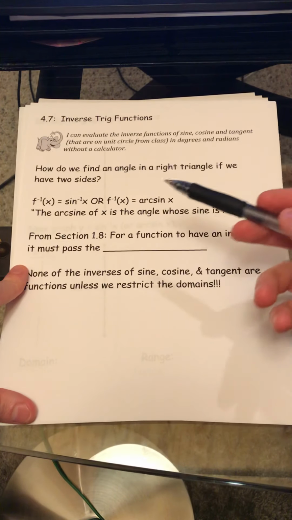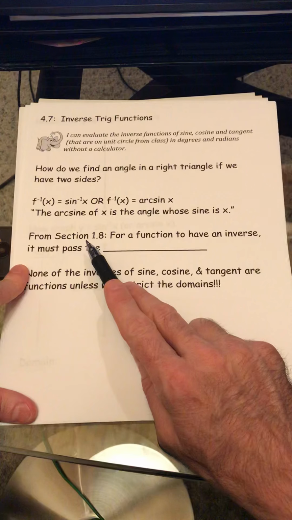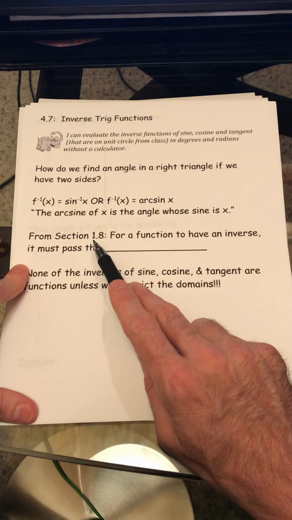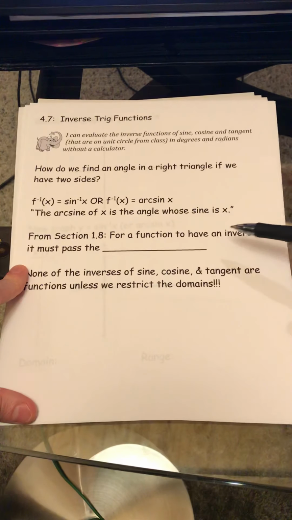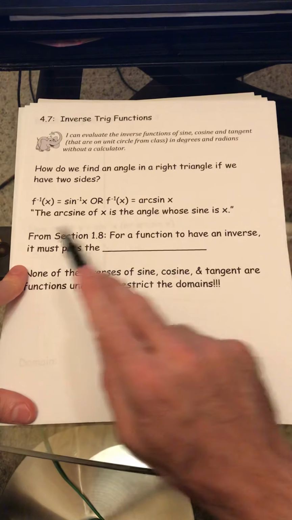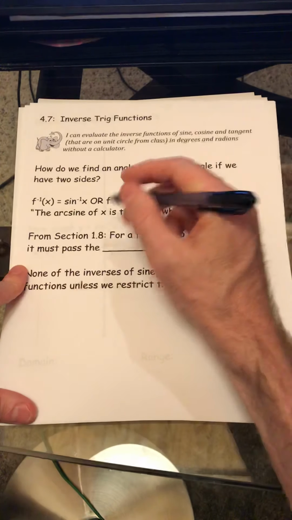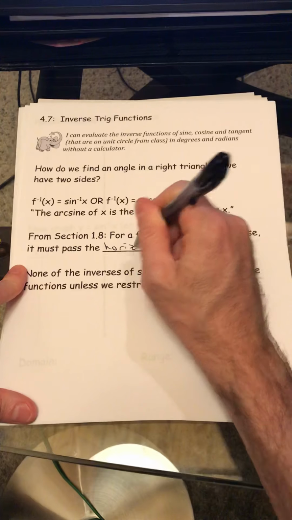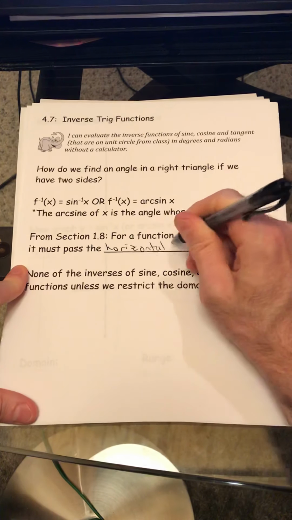Now, referring back to some things we talked about in Chapter 1, a lot of that algebra review we did first semester was to go back over those key topics so that way we can apply them to the trigonometry. So from 1.8, for a function to have an inverse, it must pass the horizontal line test.